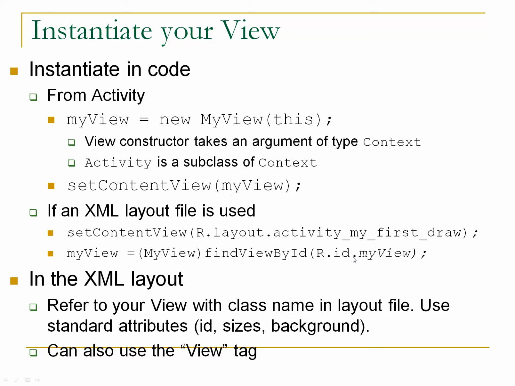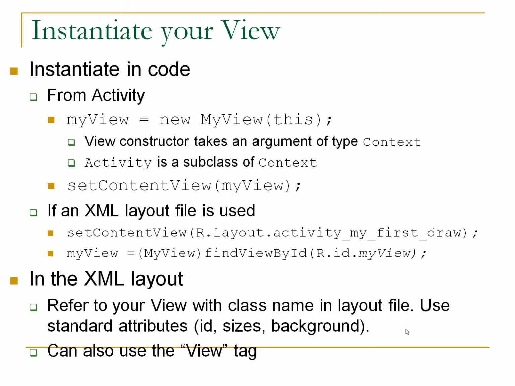Find view by ID, R.id.my_view. And in the XML layout, and I'll show you this in the very next slide, you refer to your view using the fully qualified class name, and you can use all the standard attributes that you're used to using in an XML layout file.